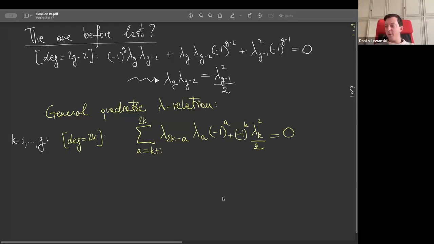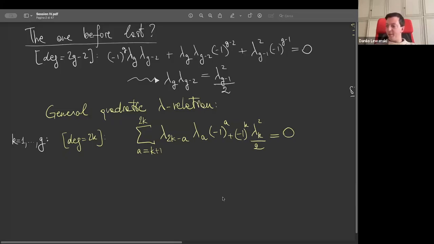You explode each of the lambdas with the Mumford formula, and then very patiently you write it as a sum of a huge amount of terms, and for each of them you use the string equation or dilaton equation or some Virasoro constraint or some projection formula, but it's a very long process. Of course we know how to do it, and computers know how to do it. But a closed formula for them in general is still open, if it exists.